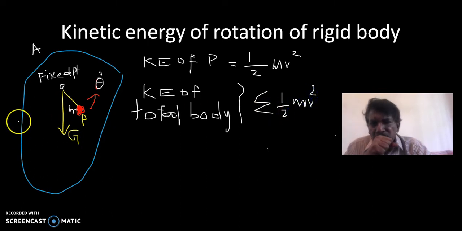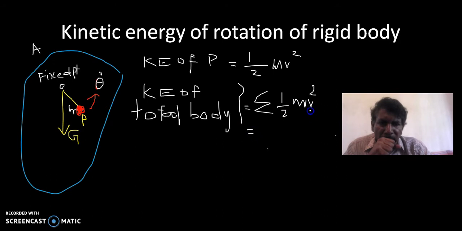The summation is over all the particles. This is a small particle P, and like this, all the particles are there. If you take the summation, then only we can get the kinetic energy of the whole rigid body. That's why we are taking the summation here.